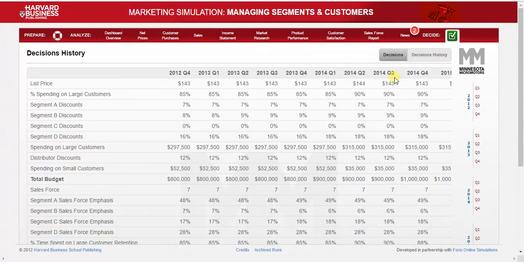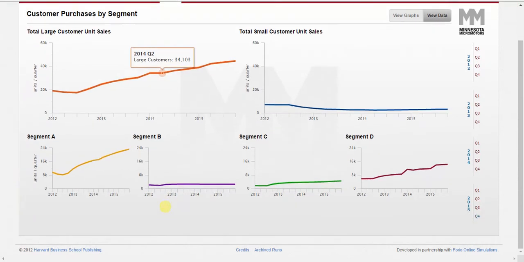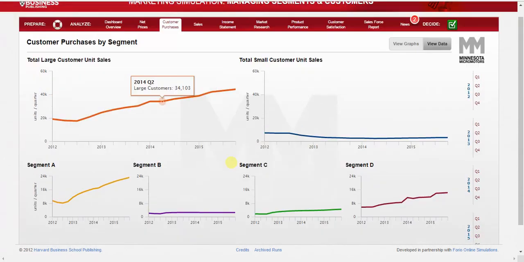Here in customer purchases, you can see, according to the graphs, how many units each customer segment purchased.